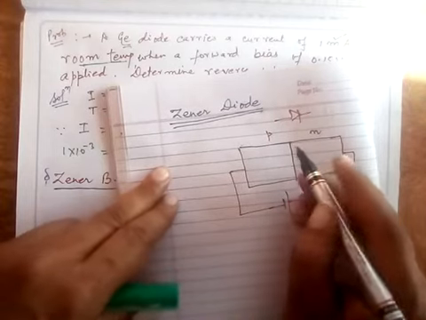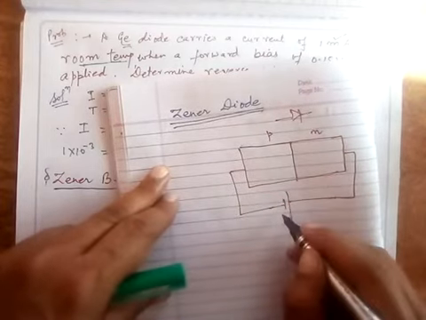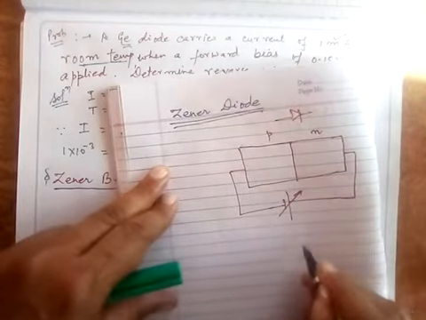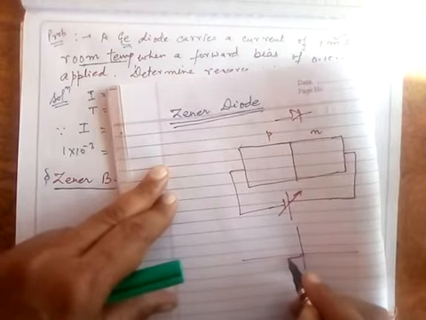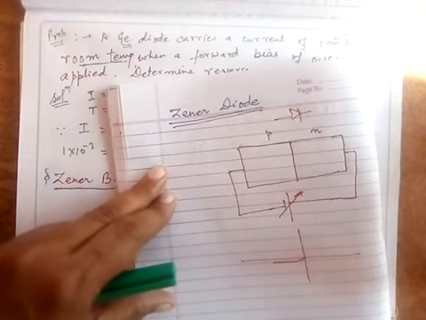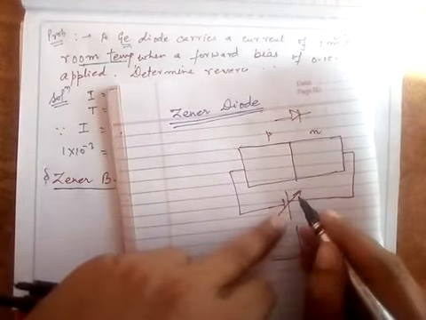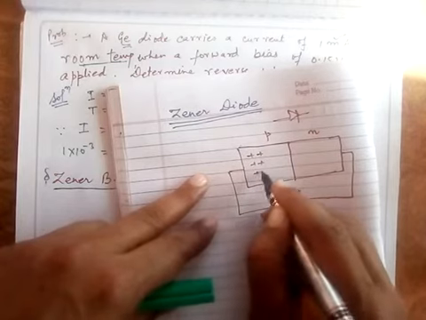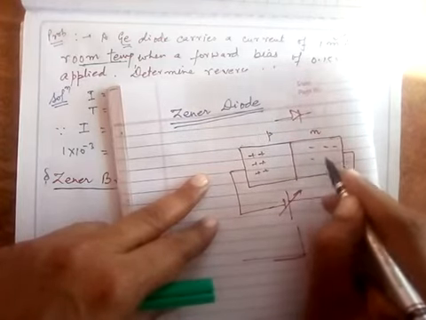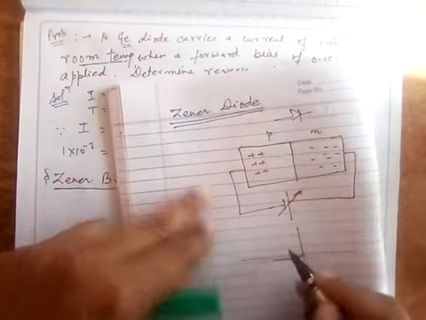I told you in this that what happens if I keep on increasing the reverse voltage, a leakage current will flow. Of course, a stage will come when the charge particles either on the N side or on the P layer break the covalent bond.